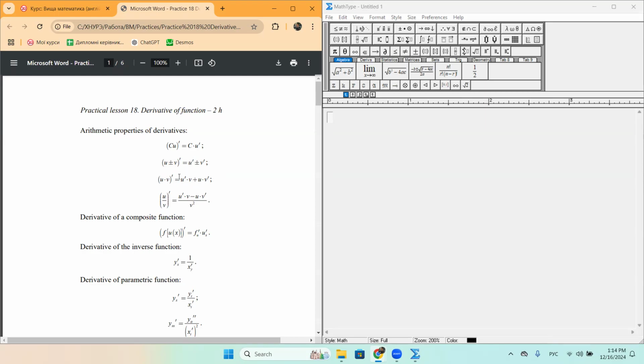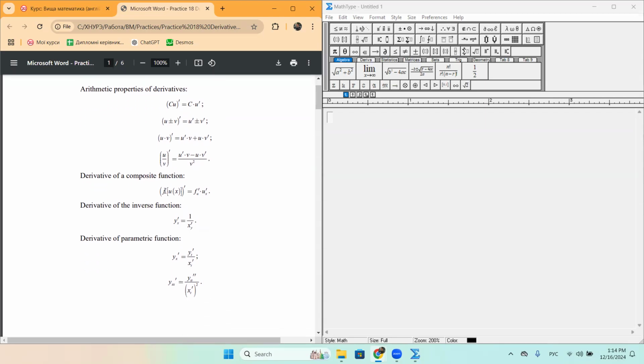And how to differentiate a product of functions: u and v are functions of x, so it is u prime multiplied by v plus u multiplied by v prime. And the derivative of a fraction of functions looks like this.